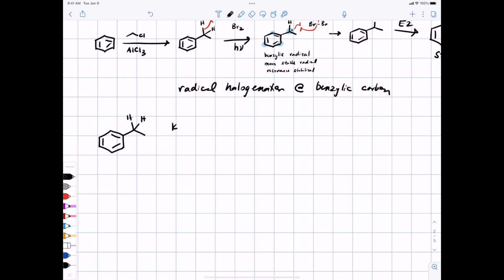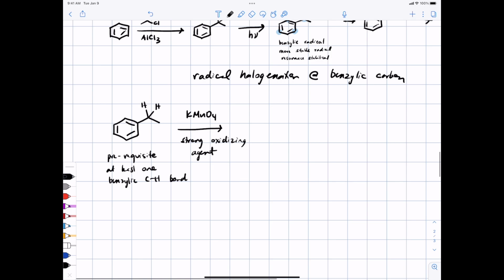You use potassium permanganate, which is a really strong oxidizing agent. And this reaction requires, as a prerequisite, at least one benzylic CH bond. Again, we're not going to worry about the mechanism.